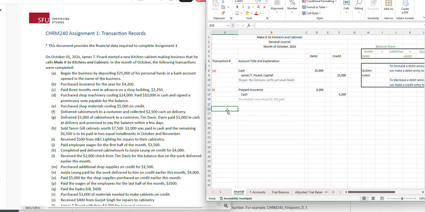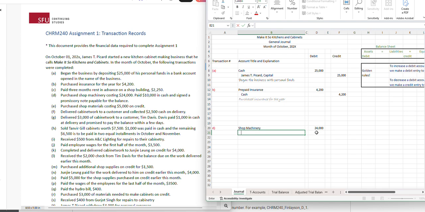D is an interesting one to look at because you have shop machinery with 2 credits. You're paying partially with cash and partially on account. So shop machinery, you can debit that, and that's 24,000.